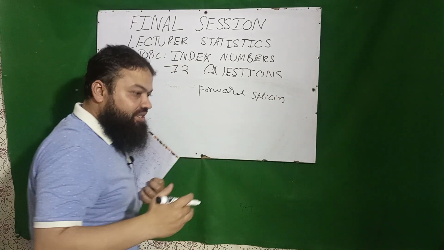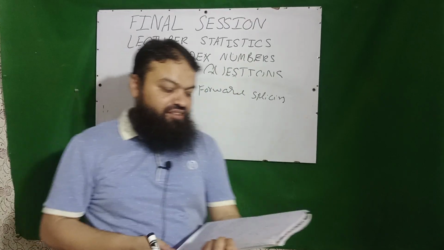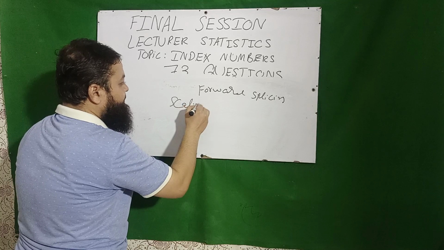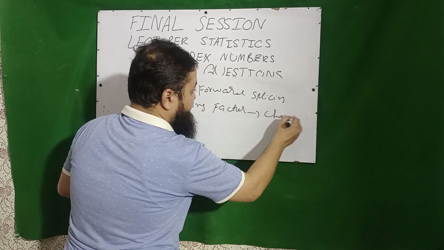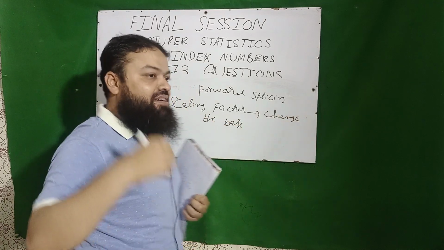If the old series is connected with the new one, it is called backward splicing. Next is scaling factor. What is the meaning of scaling factor in index numbers? Scaling factor means change the base. A very important one.